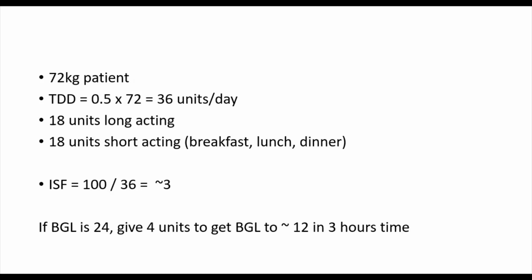Ideally, you should be titrating short-acting doses based on the amount of food that the patient is eating per meal, as that is what the short-acting insulin is there to cover. And you should titrate the long-acting insulin dose to achieve better baseline blood glucose control.